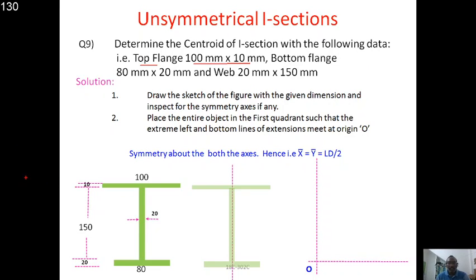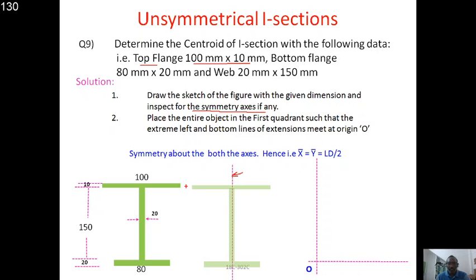After drawing this sketch of the figure with the given dimensions, try to inspect whether any symmetry axis is there or not. Here the axis parallel to the y axis makes a symmetric position. So it is symmetric about the y axis.